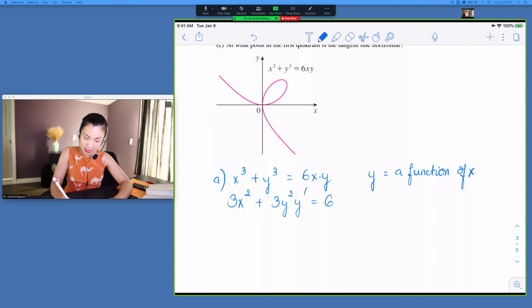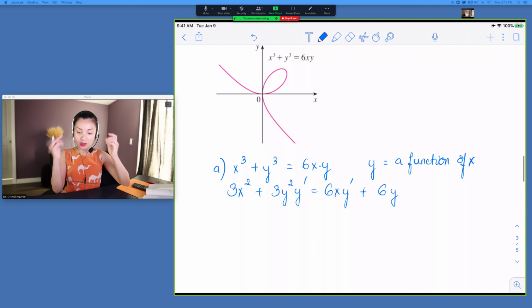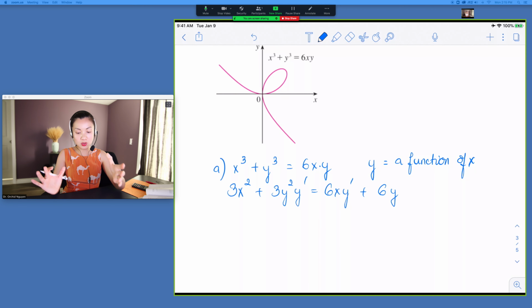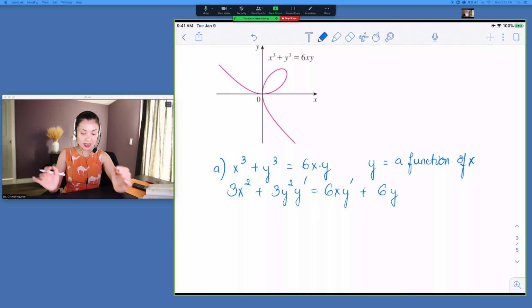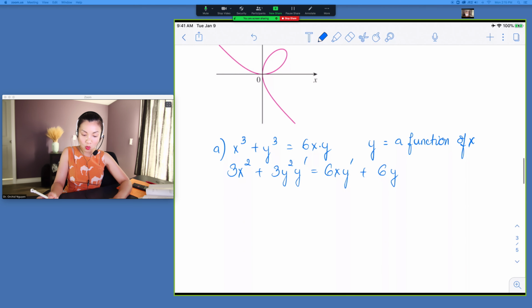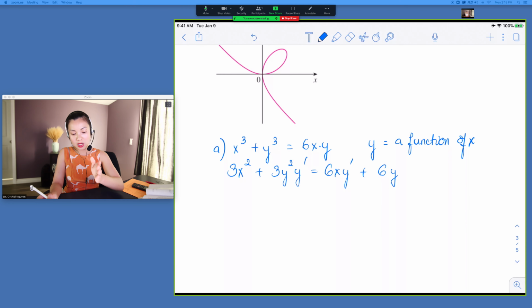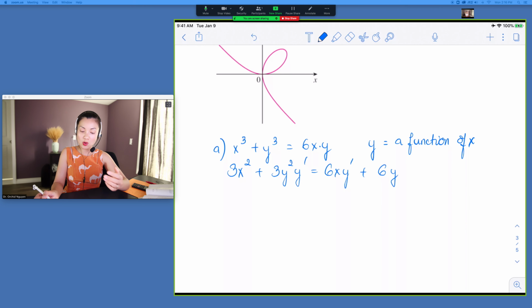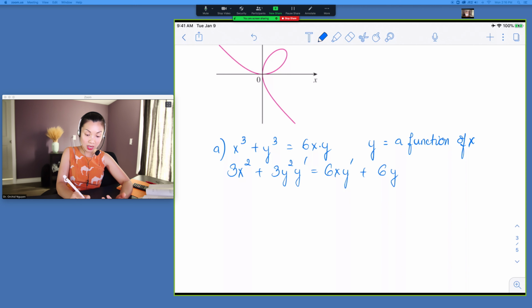So I have 6x y prime plus 6y, because that's the derivative of 6x, which is 6, multiplied by y. Now we're going to have to rearrange and then solve for y prime. You see we have 3, 3, 6, 6, so how about we divide everything by 3?